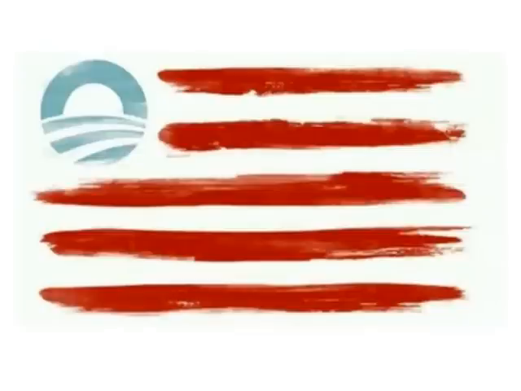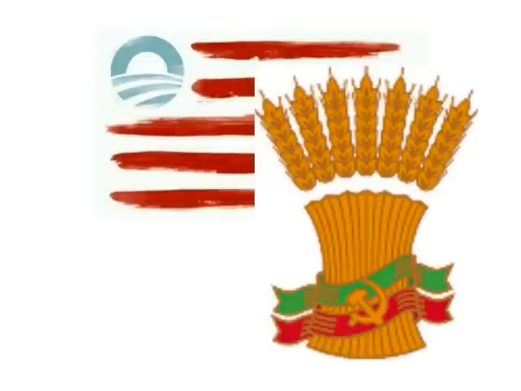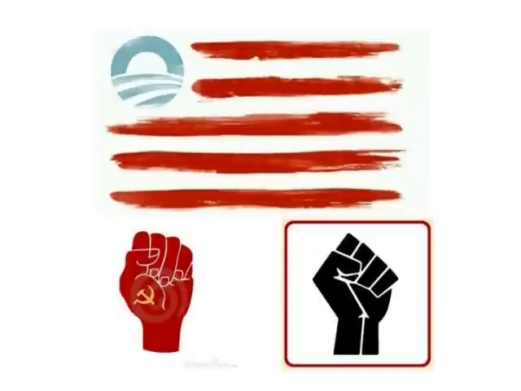Now, each of the 5 sections of Marxist society have their own symbol. For the peasants or farmers, it is the crop or the field or the sickle. The workers are generally represented by a fist or a hand or a hammer.